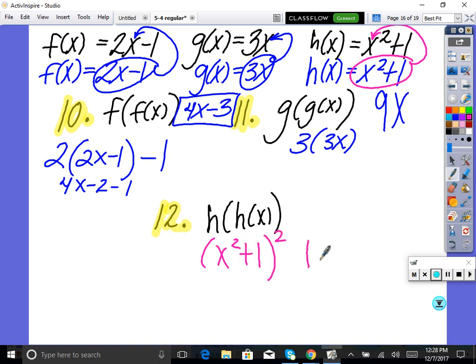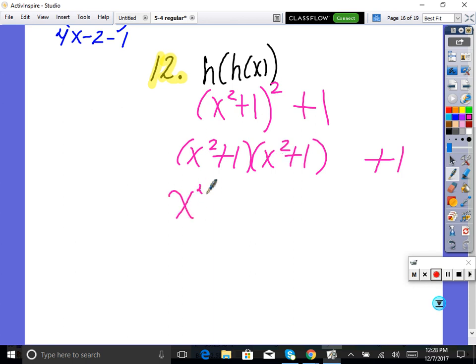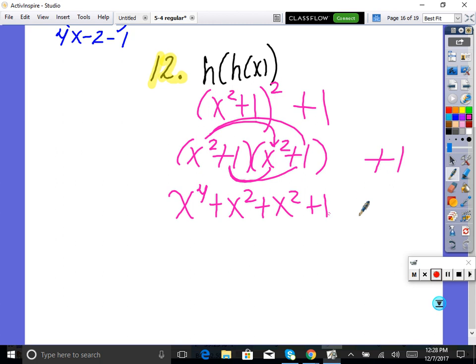Would it be appropriate to then square that? No, because that's an addition sign. That's the forbidden rule. So you'd write it out. X squared plus 1 times x squared plus 1, plus 1. Yep, good. You guys are awesome. I'm going to keep going for my video's sake, but you guys got it. So you can just keep working. X to the 4th plus x squared plus x squared plus 1 plus 1.